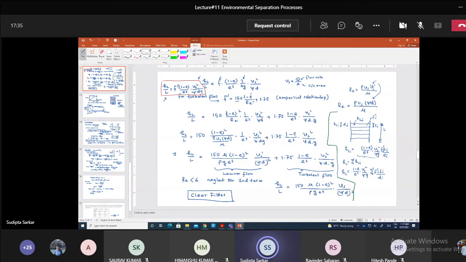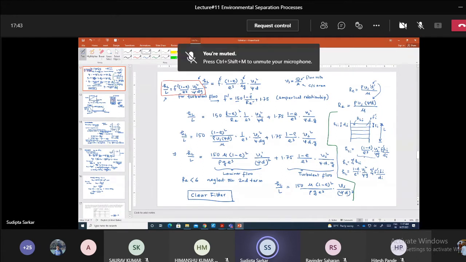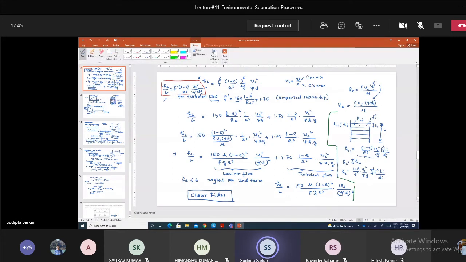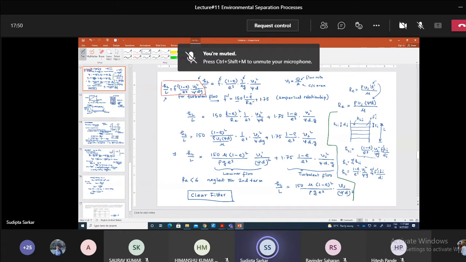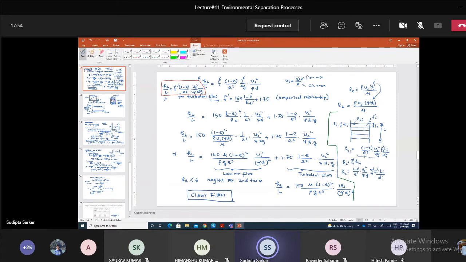You have Di amount size of sand with a depth of Li, and all these Di's, if you sum them up, it is the total length. So Li is the depth or length of this particular layer.